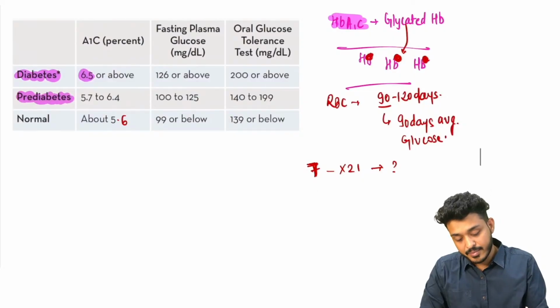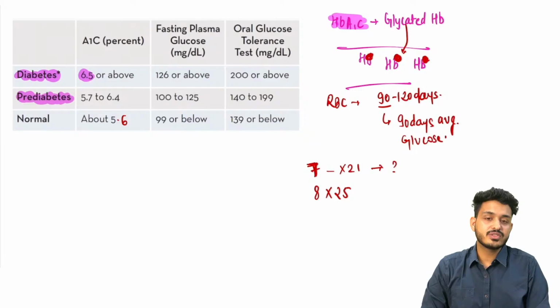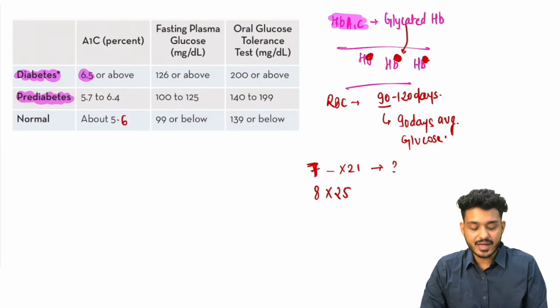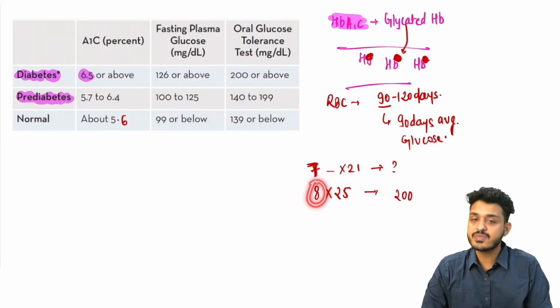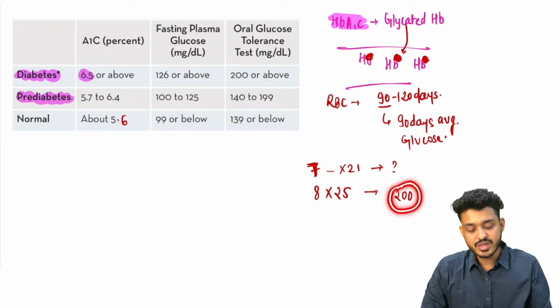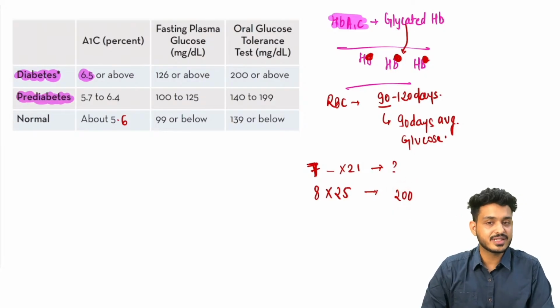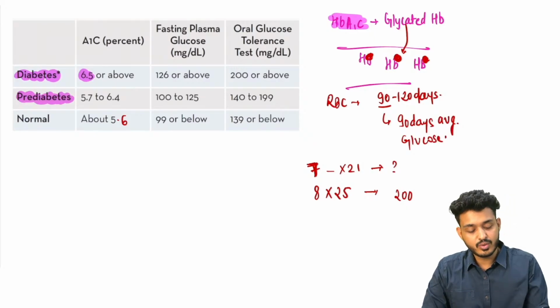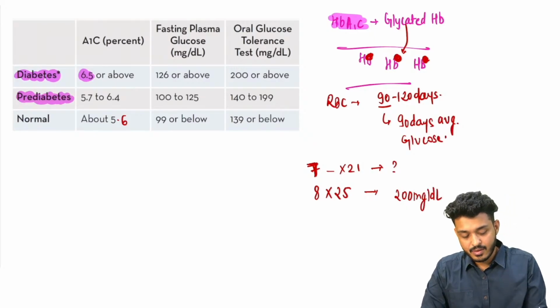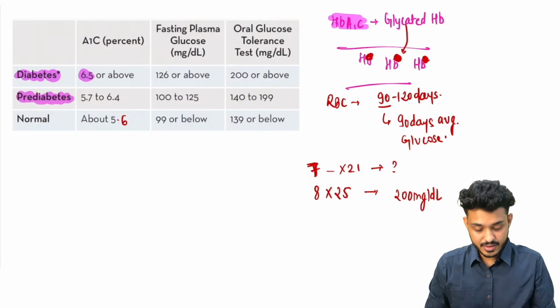If the value is coming more than 8, you will be multiplying it by 25, right? If the value is coming like 8, we will be calculating this, and this is going to be like 200, the average sugar of this particular patient. So if someone is having HbA1c of 8, that means this patient is having an average sugar of 200 mg per deciliter for the last 3 months, right? You understand this?